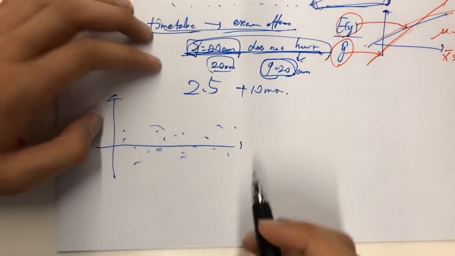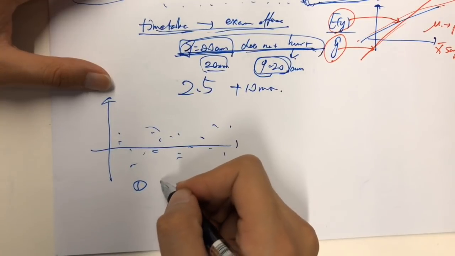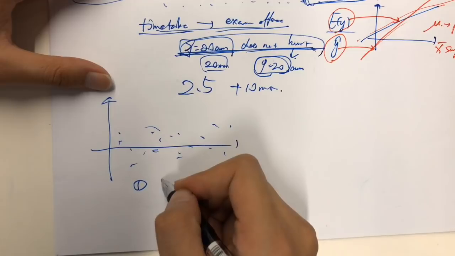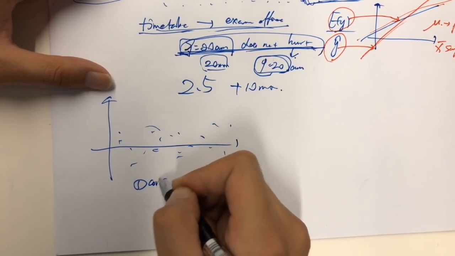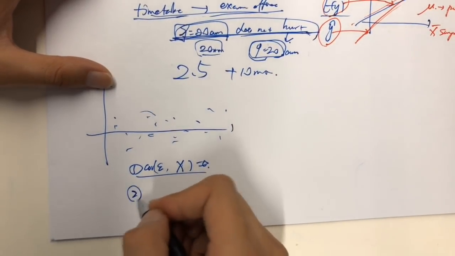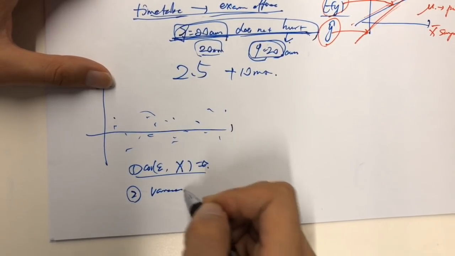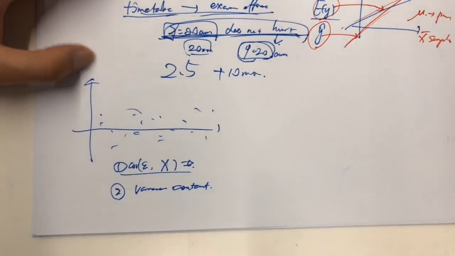The only things we can look at from a residual plot are two. The first is whether the error term and any independent variable have no correlation. They need to have no correlation. And the second is whether the variance is constant, right? Heteroscedasticity or homoscedasticity.